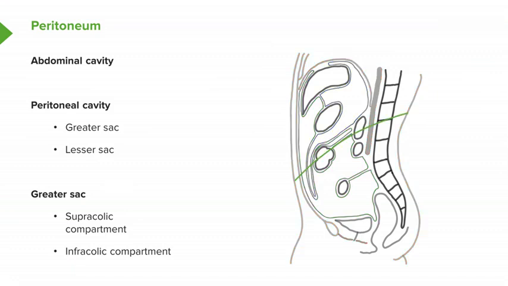Everything down here is the infracolic compartment and everything above is the supracolic compartment. So in the infracolic compartment, we've got the colon, we've got the small intestines. And in the supracolic compartment, we've got the stomach, we've got the liver, for example. Just different regions of the abdomen within this greater sac.